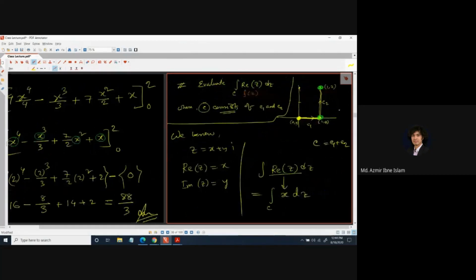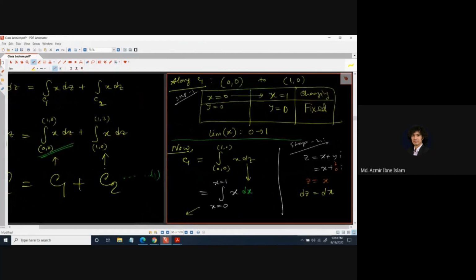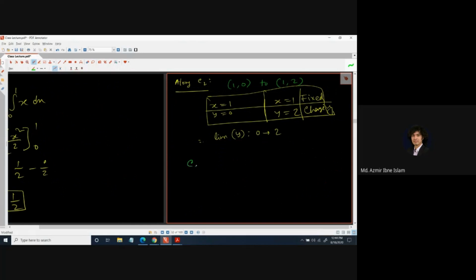So our C2 is this integral. We have already found the solution for the previous one, and now we have to solve this. C2 equals the integral along 1, 0 to 1, 2 of x dz.